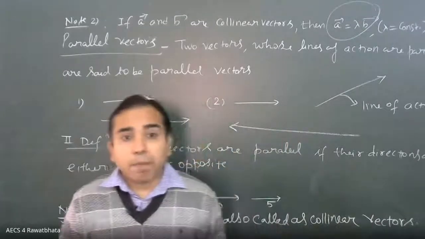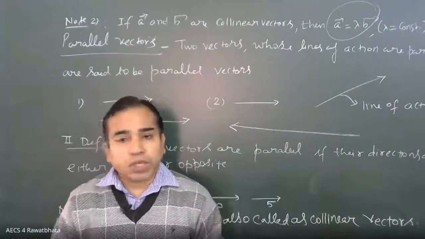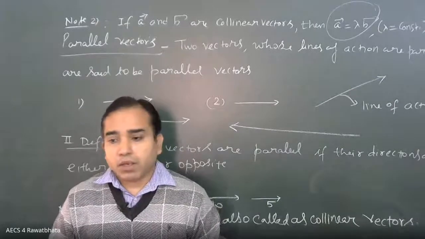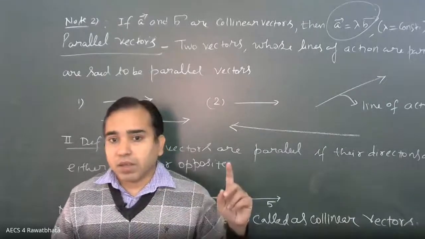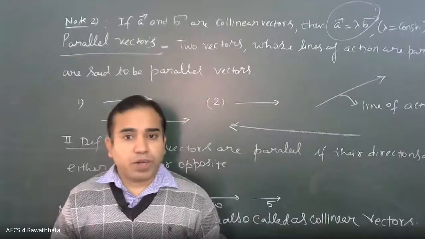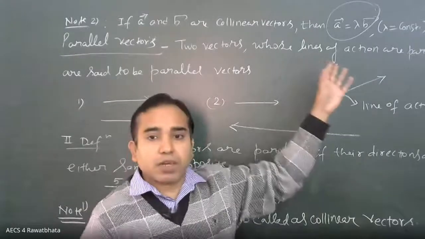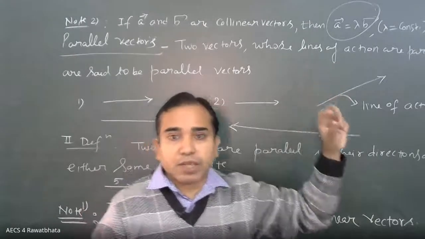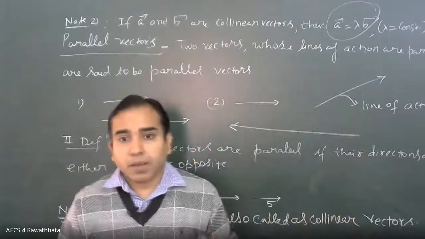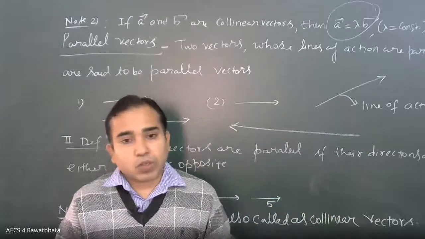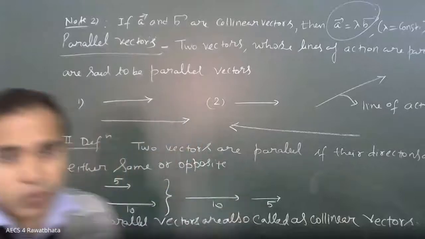Right? In the exercise, there are such questions where two vectors are given and they ask you to prove that they are collinear. So you have to establish this relation, that one vector can be written as something times the other vector. That is collinear. So we will use this.